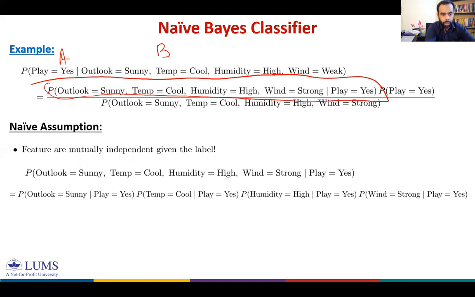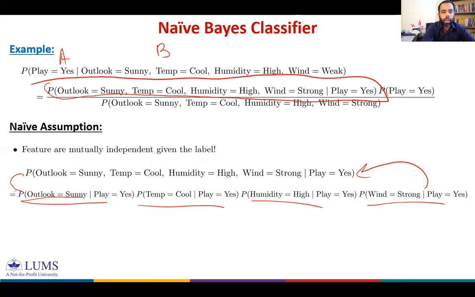So I have expressed this in this form. And now, if I can compute these probabilities from the data, I can just multiply these four to get this probability.